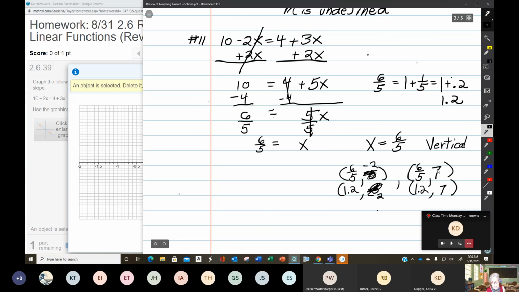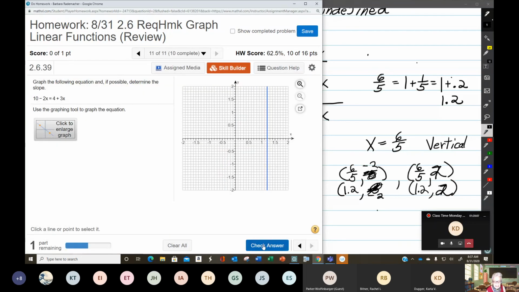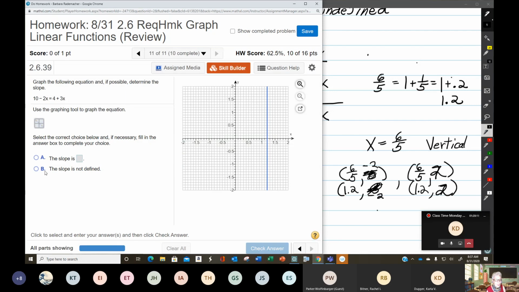And I'm definitely not going up to 7, am I? So how about +2 and +2 there? Okay, so I'll go up to 1.2, +2. I guess I'll make it 1.20. How about that? Okay, I'm going to save that and check the answer. Good job. And the slope is not defined.